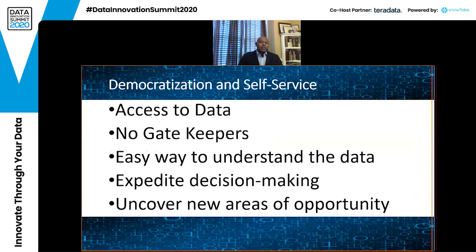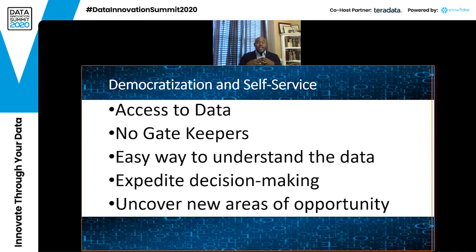When I speak of data democratization and self-service, those are the tools that enable the data across the enterprise without restrictions. And when you have data across the enterprise without restrictions, what you're really saying is, I don't need the gatekeepers, because we all can access the data.